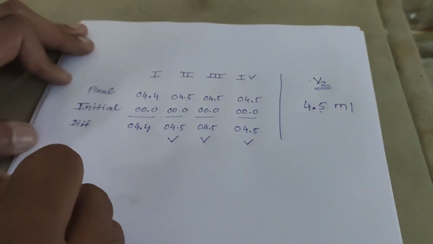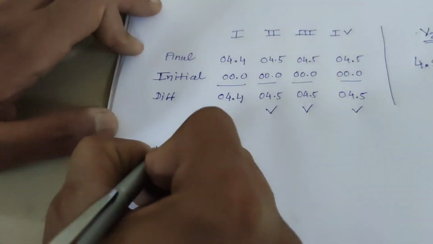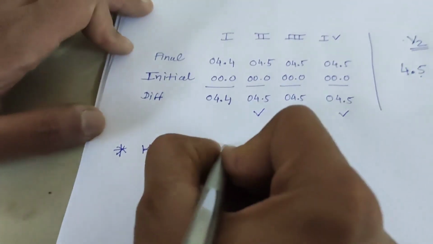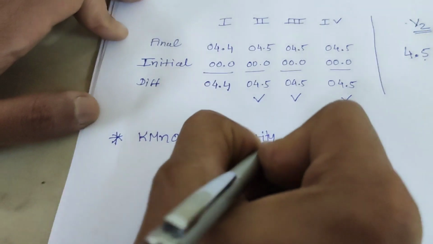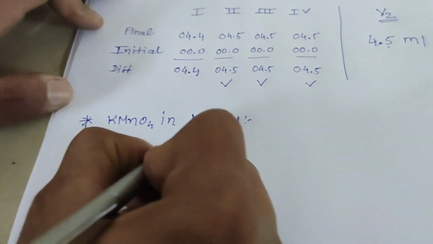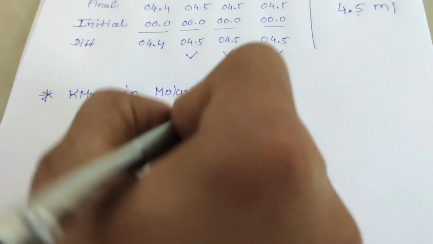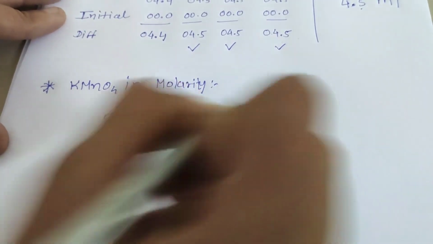Now as I have shown you, we have to calculate the concentration of KMnO4 in molarity, right? So molarity of KMnO4, what was the formula? A1M1V1 is equal to A2M2V2.